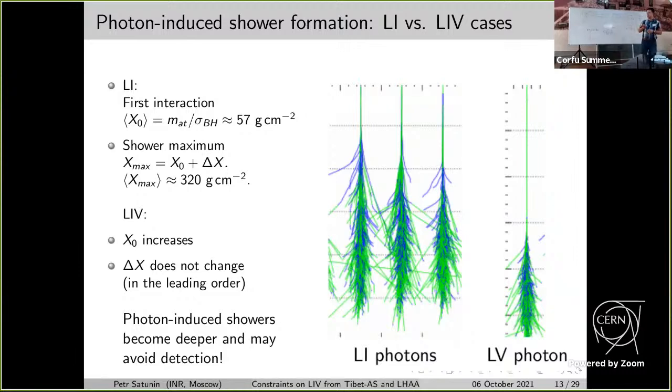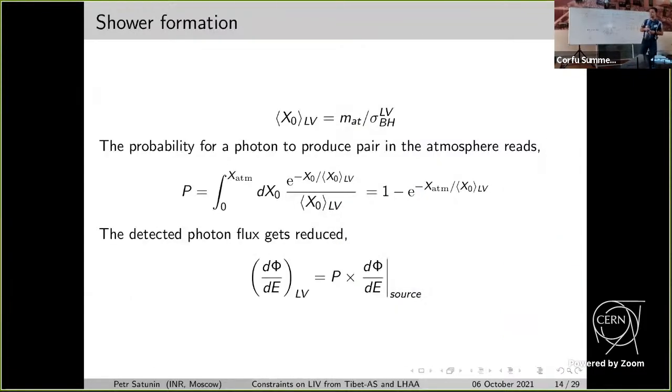But first, the interaction of photons in the atmosphere is usually described by the depth of this interaction. The depth of first interaction is proportional to the inverse Bethe-Heitler cross-section and is about 57 g cm^-2. And this depth increases in case of Lorentz invariance violation for photons, while delta X, which describes the subsequent development of the shower, doesn't depend on this LIV, but only in the leading order.